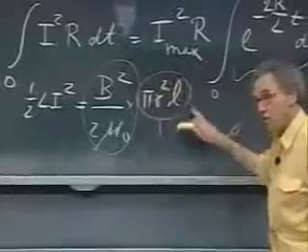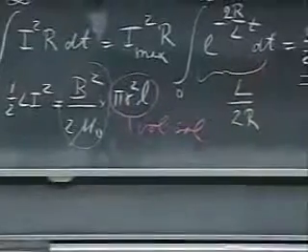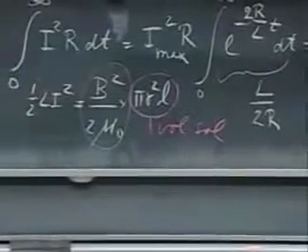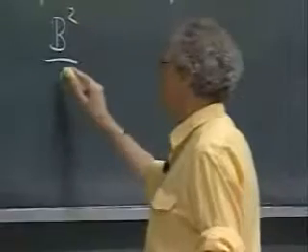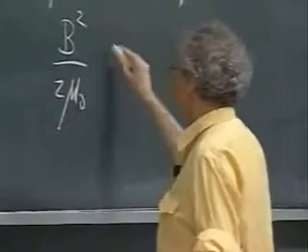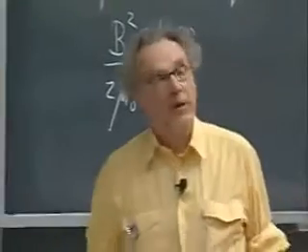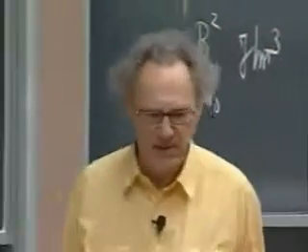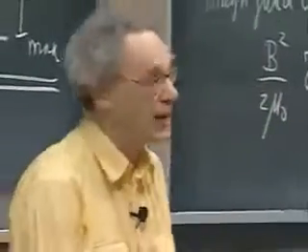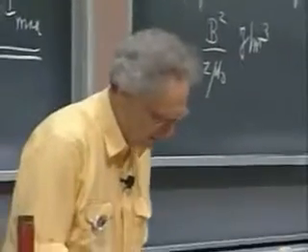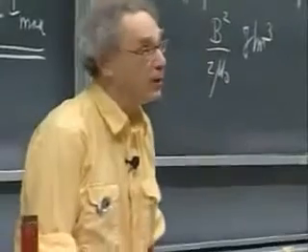And this is the volume of the magnetic field. So the magnetic field energy density is then B squared divided by 2 mu 0. And this is in joules per cubic meter. So in principle, if you knew the magnetic field everywhere in space, then you can integrate over all space, and you can then calculate how much energy is present in the magnetic field.